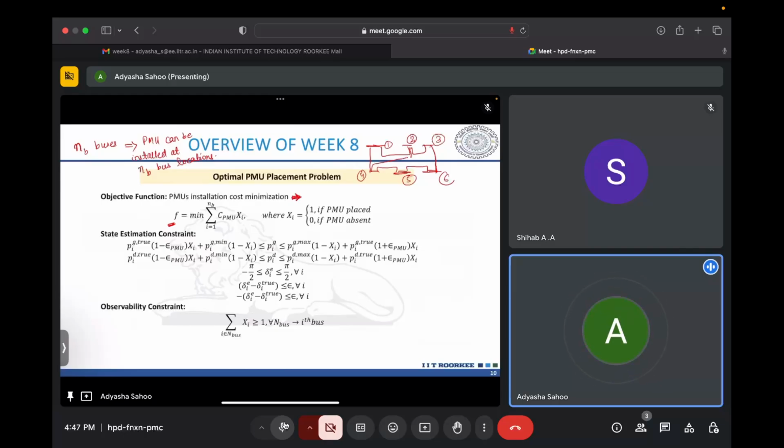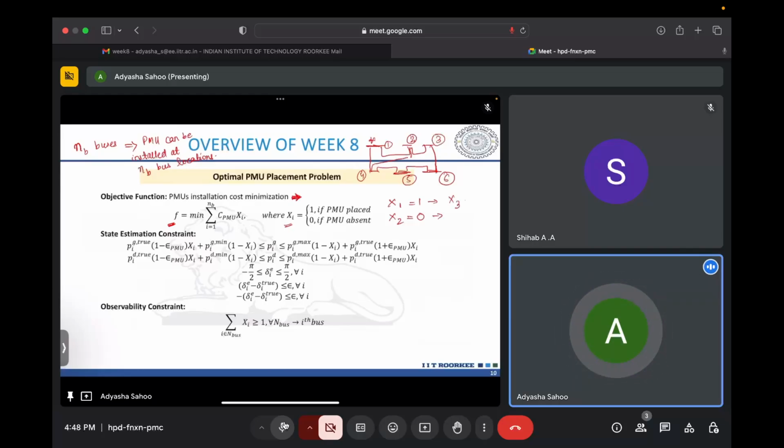So this XI is telling whether a PMU is placed at that bus or not. If I say X1 equal to 1, that means I have a PMU installed at bus 1. If I say X2 equal to 0, that implies that there is no PMU at bus number 2.